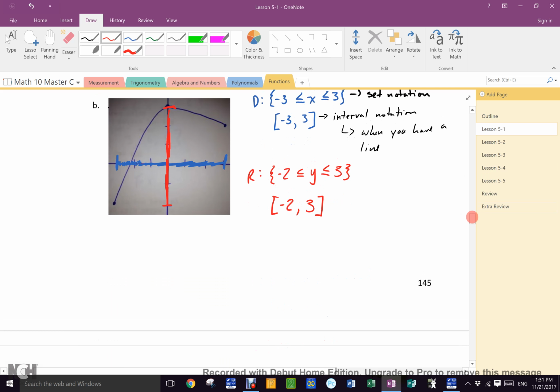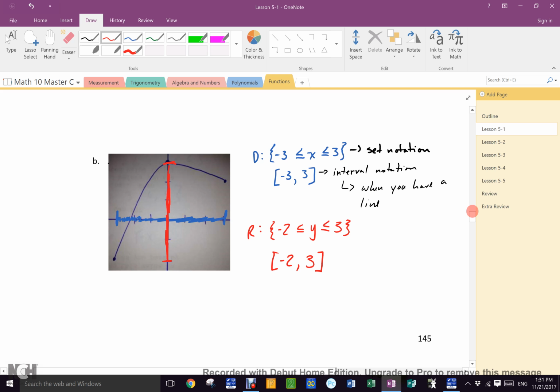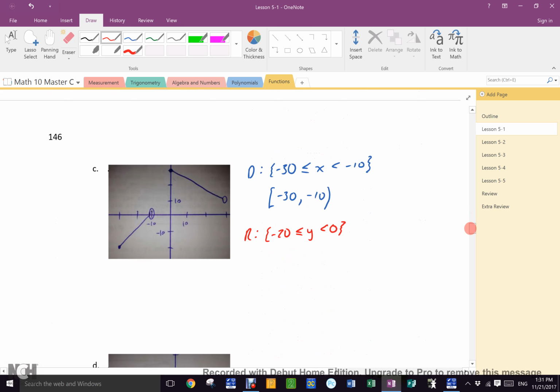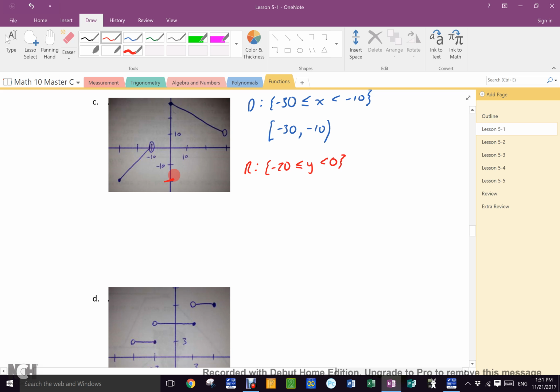Did you understand it here, where we went down to negative 20? Negative 20 up to 0. Yes? And on the range, we have negative 30 up to negative 10. Now, what is the interval value here?